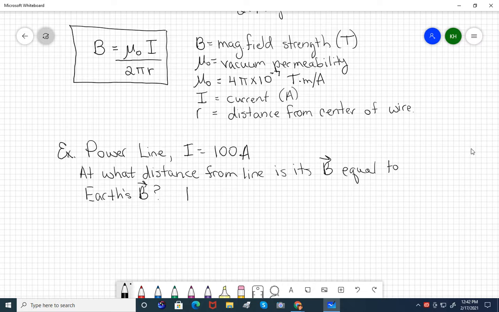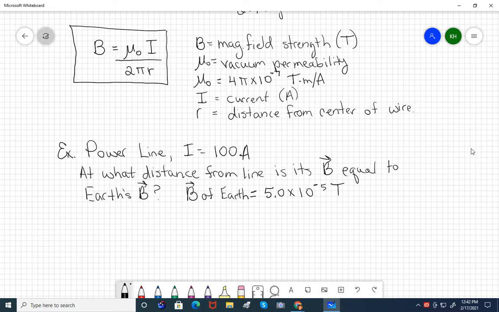Now, the magnetic field for Earth is equal to 5 times 10 to the negative 5 Tesla.